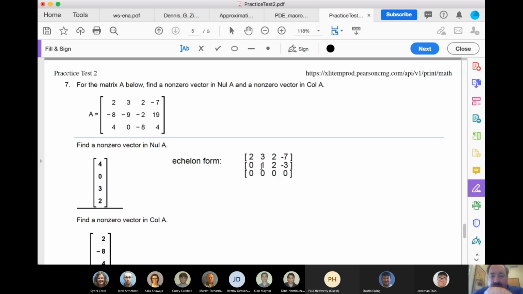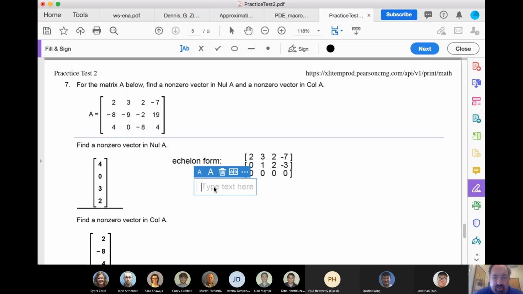Here we have an equation: x2 is equal to minus 2x3 plus 3x4, because these terms will get moved to the other side. Once you pick values for x3 and x4, because they're free variables, you would use this equation to solve for x2. And then here we have an equation that describes x1 in terms of x2, x3, x4. So you can work it out in terms of those to complete your vector that's in the null space.